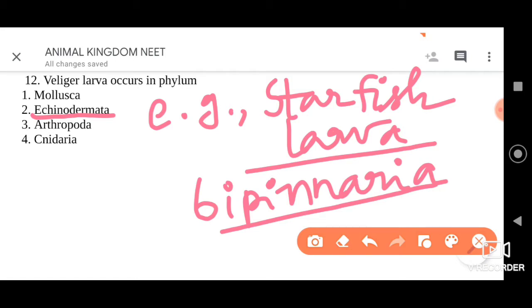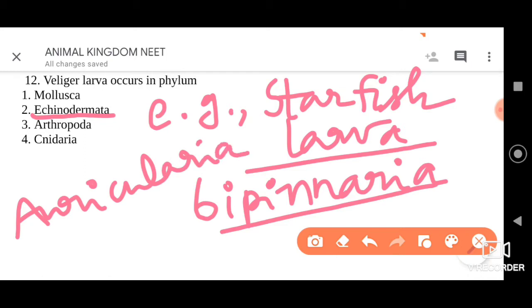The more deeply you solve, the more it will benefit you immensely. So I request everyone to please concentrate on the other options as well. In case of starfish we can find Bipinnaria larva, or we can find many others, like for example Auricularia and many other different larvae in echinoderms.